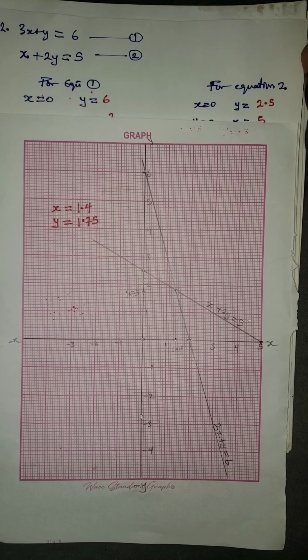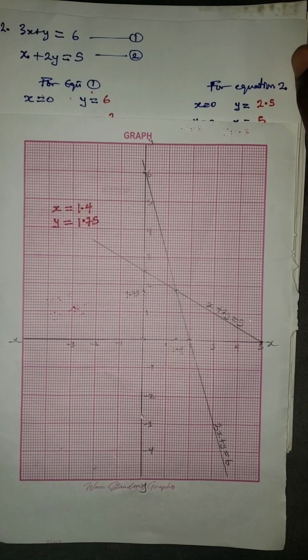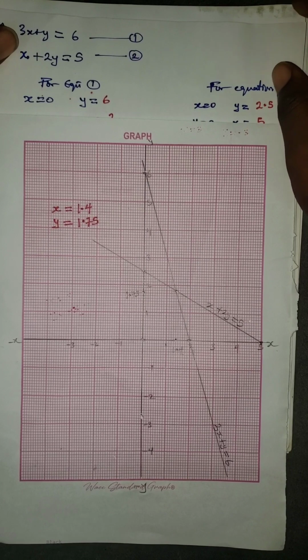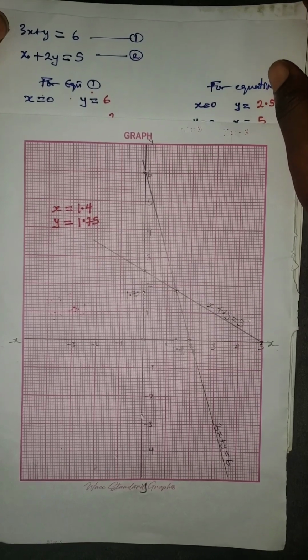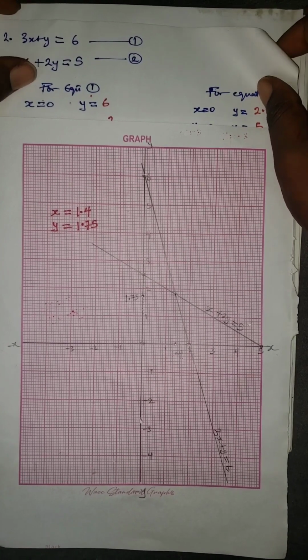In mathematics there are always different methods of solving a particular problem. Just stick to a particular one that you are good at, use it and solve as many problems as you can. Okay, so I will see you in the next video.